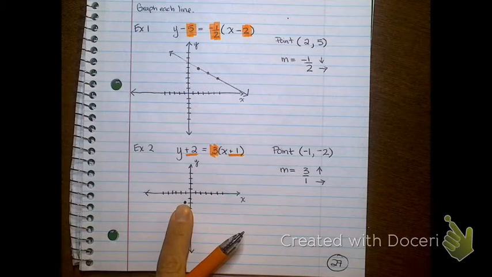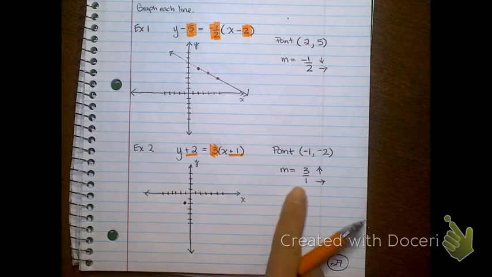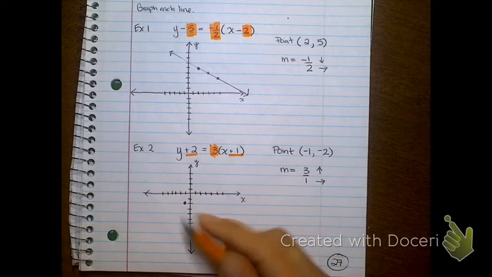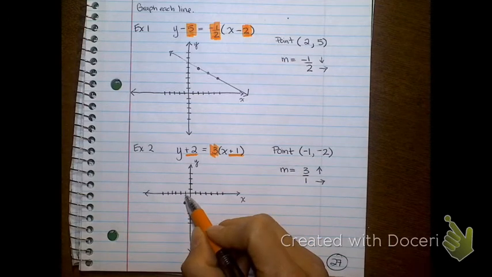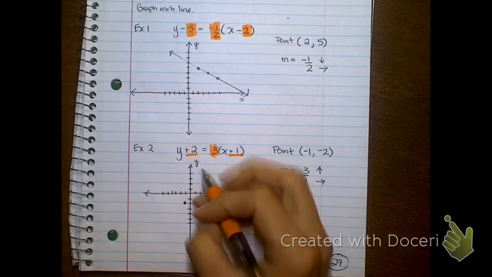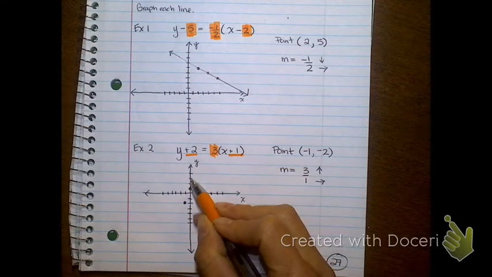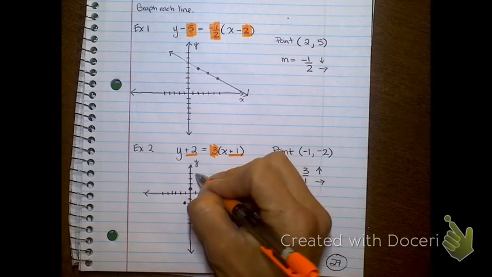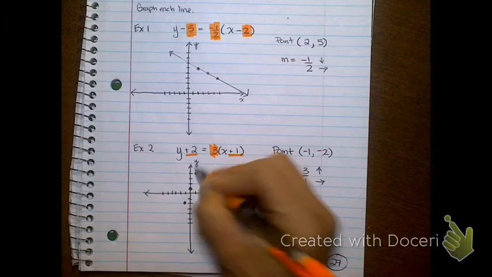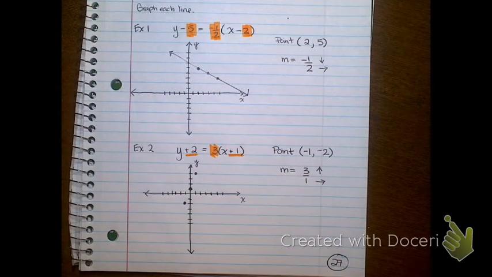Now, from that point, what is my slope telling me to do? Go up 3. Up 1, 2, 3 over 1. And I'm going to do that again. Up 1, 2, 3 over 1. Maybe if I had room, I would do it again, but I'm out of room. Now we're going to go ahead and connect.